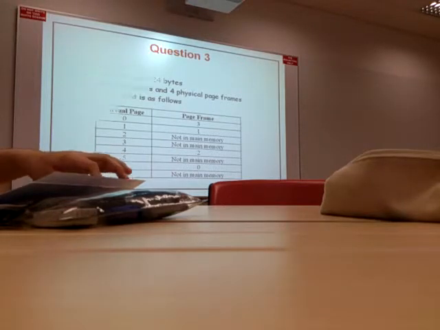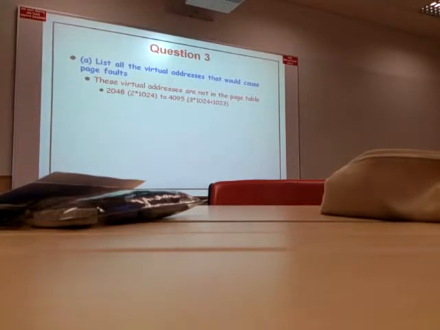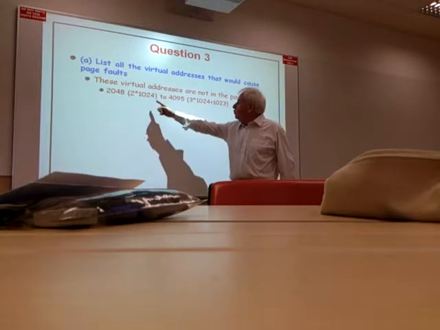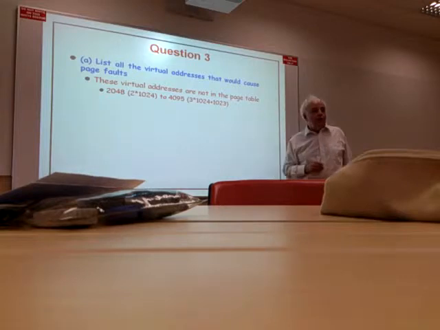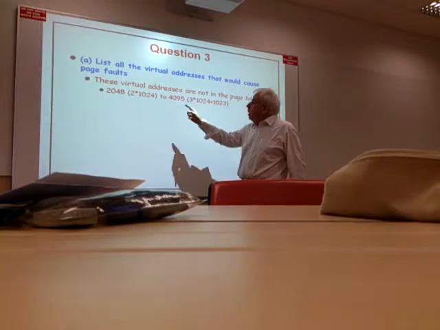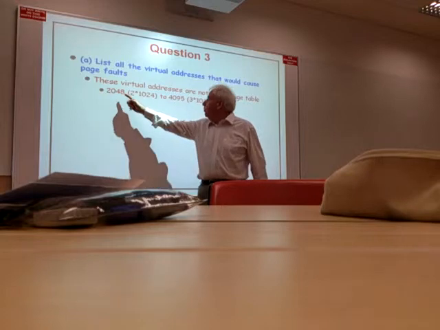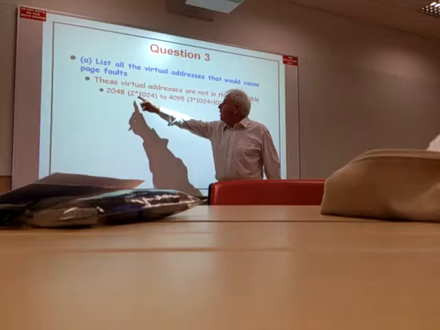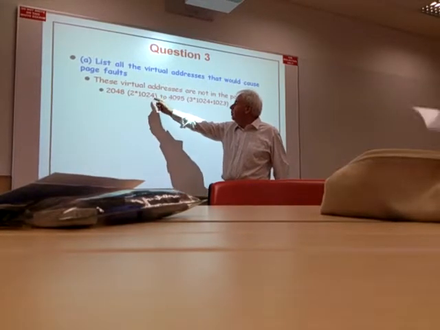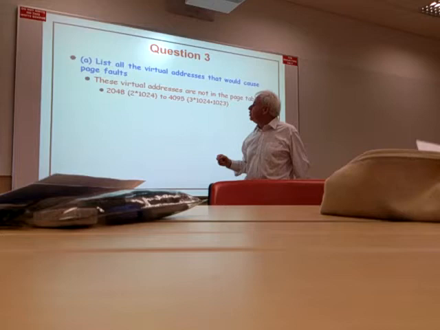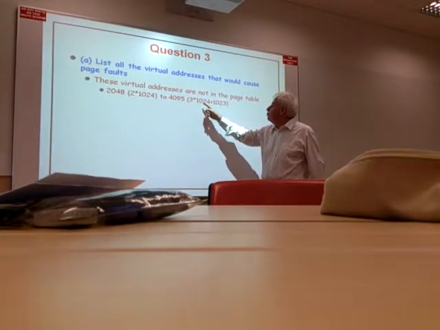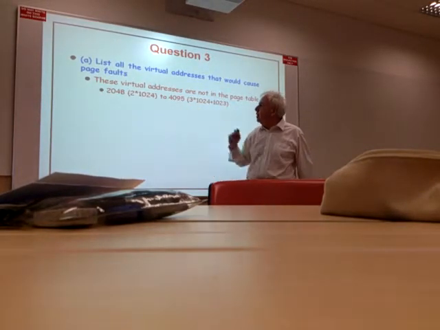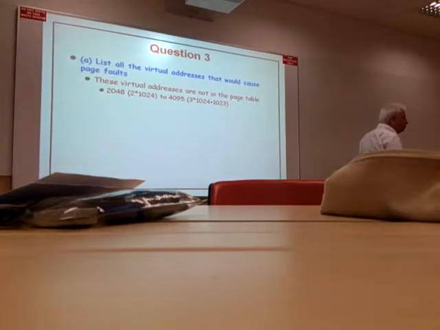Let's work out what these addresses are, given that the page size is 1024. Virtual page 2 is not in memory, and virtual page 3 is not in memory. So anything between 2 times 1024, which is address 2048, and 3 times 1024 plus 1023, which is 4095, will cause a fault.